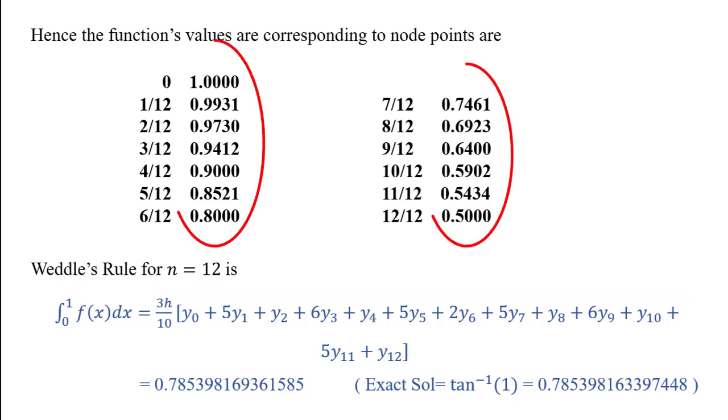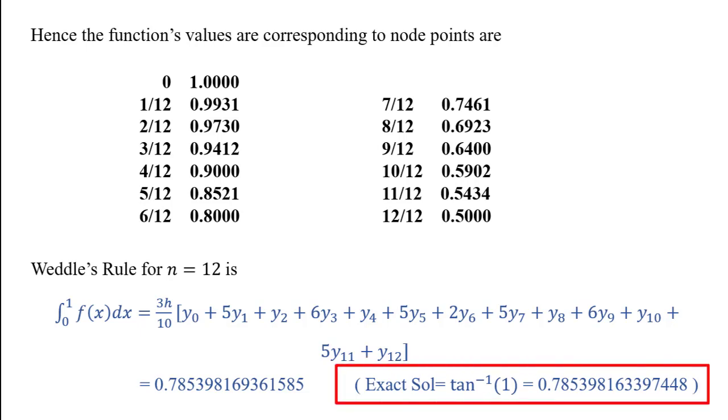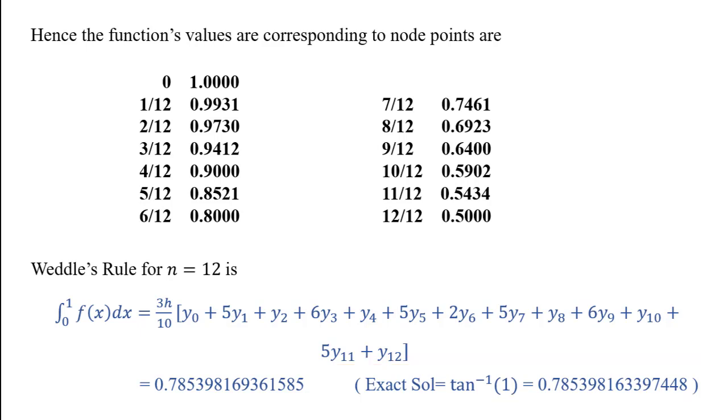So by using the values of y0, y1, y2 and similarly up to y12, we get the following numerical value: 0.7853981693, and here is the exact solution, and we can see the values are accurate up to 8 decimal places. So it is more accurate.